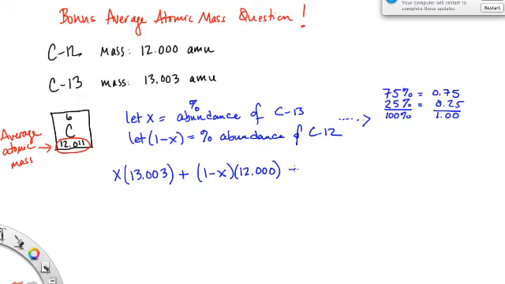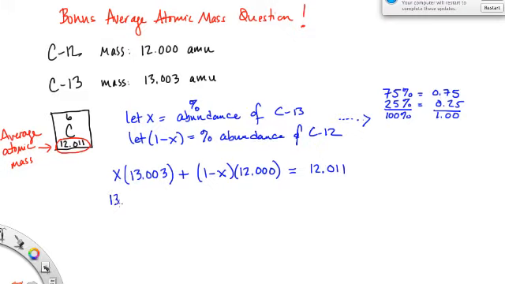Okay, and I am going to set it equal to the average atomic mass, which we already know to be 12.011. So now I have my equation set up, but I'm going to rearrange it a little bit so it looks a little easier to understand.